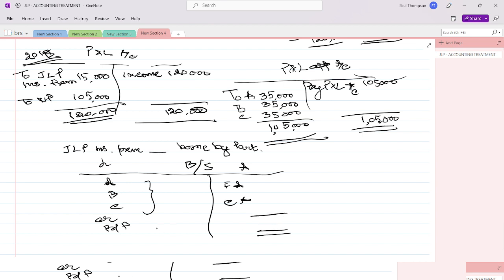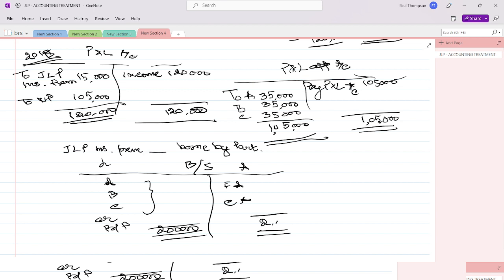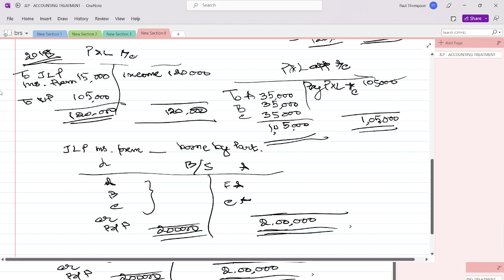The total comes, suppose I am taking here as an example, this total is 2 lakh rupees and this total is also 2 lakh rupees. See here, in the balance sheet, there is nothing appearing in the name of JLP.